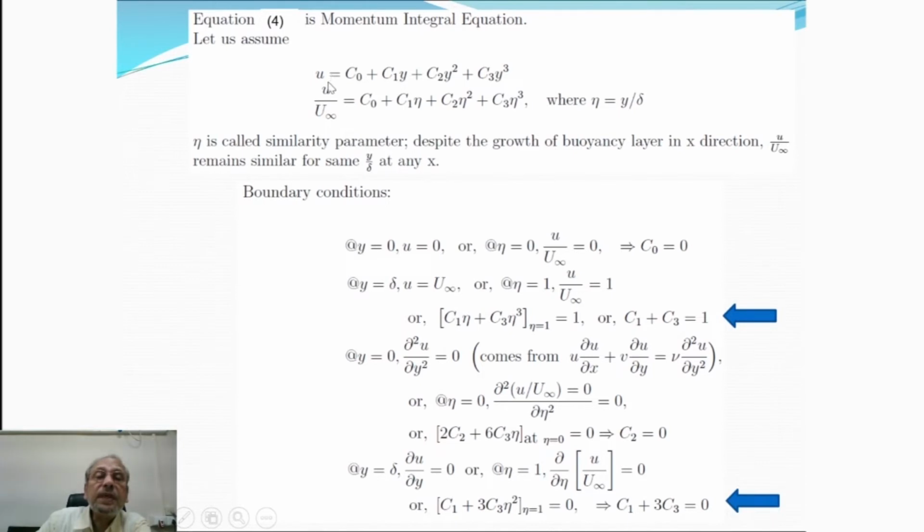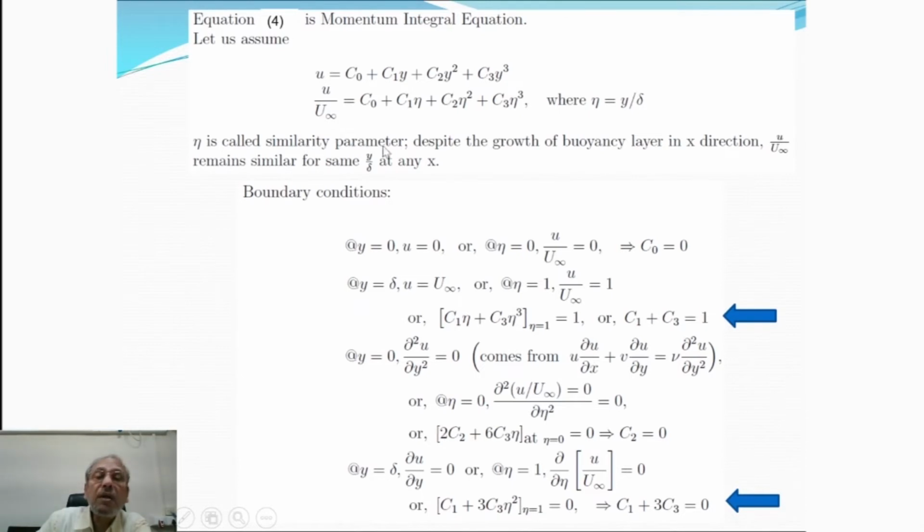We will express both the sides in such a way that it will describe a similarity velocity profile. So u by U infinity equal to C0 plus C1 into eta plus C2 into eta square plus C3 eta cube.